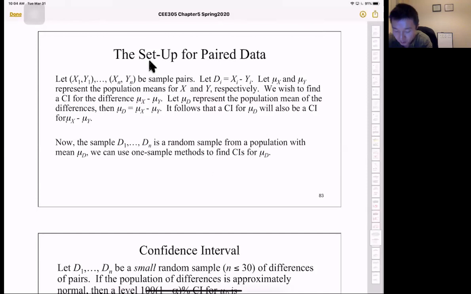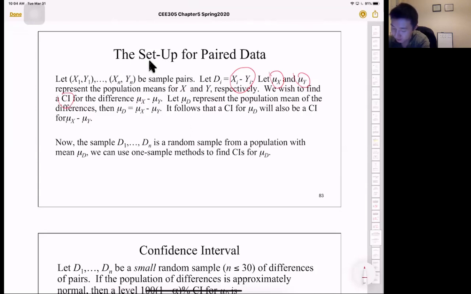So if (x1, y1) is one pair, and (xn, yn) is another pair, and we define di as the difference between xi and yi, this is pair data. The population means for x and y are mu x and mu y, and we want to find the confidence interval for the difference between mu x and mu y.